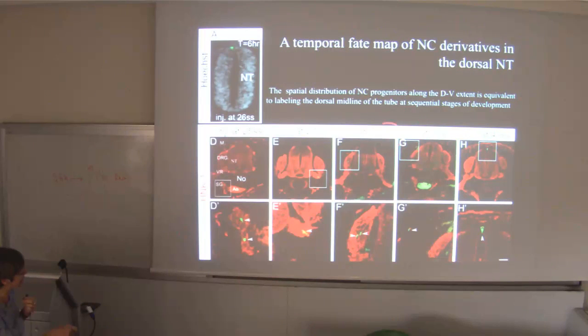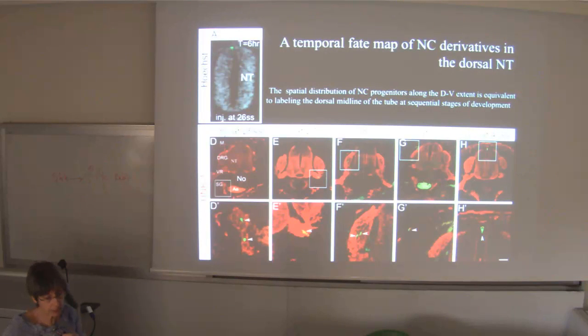If he does it at 30 somites, the cells will go to the dorsal root ganglion and generate sensory neurons and glia. If he comes a little bit later, the cells will go to the melanocytic area, namely to the skin, because they migrate differently. The melanocytes go only to the skin. And if he impales the cell at 40 somites, no more crest is created.